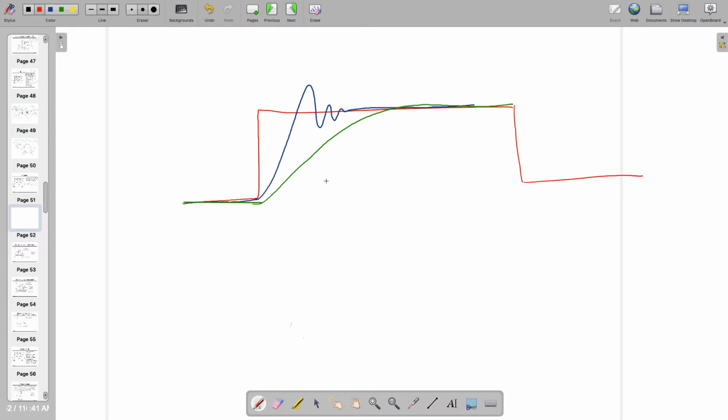And which one will have poor phase margin? Poor means less than 45 degree. This one has poor phase margin when it's ringing. So phase margin is less than 45 degree, and this must be like phase margin almost 90 degree or something more than 60 degree. 60 degree will give you around one ring, looking like this one.